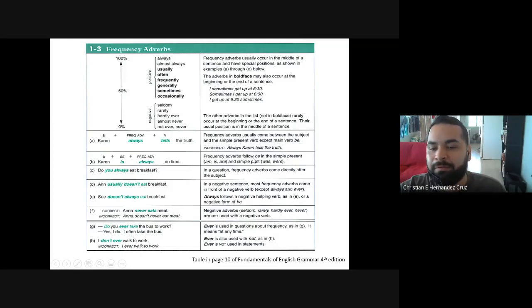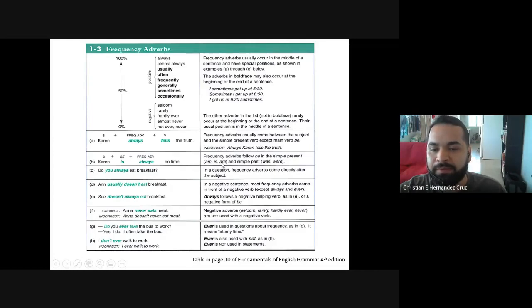Frequency adverbs follow be. So in this case, we had the verb and the frequency adverb switch places because this is a be verb. So in the simple present, whenever we have a be verb, the frequency adverb is always going to be after the be verb. And remember that in the simple present, we have am, is, and are.